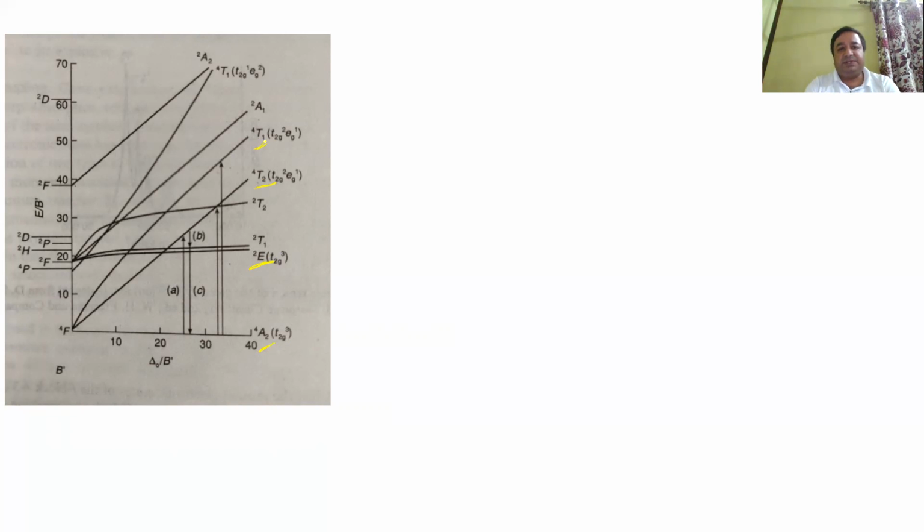What is also interesting is that 2Eg is running very much parallel to the ground state, 4A2g. What is basically a ruby?